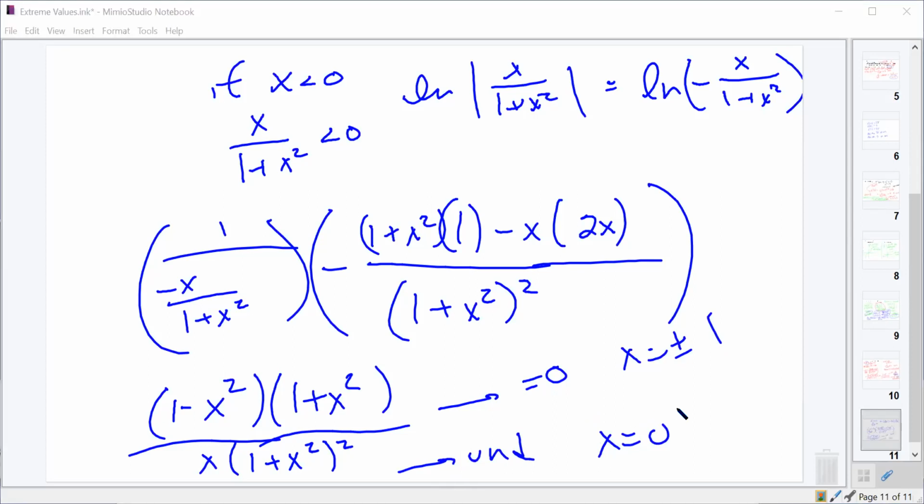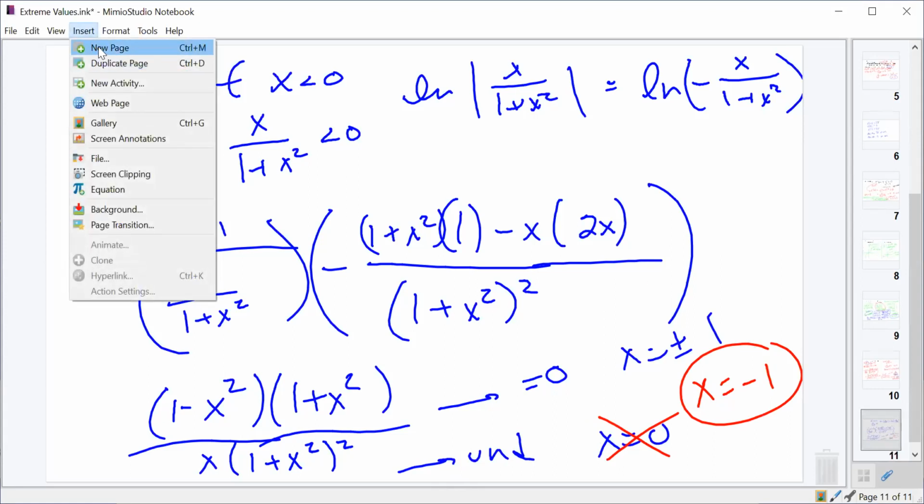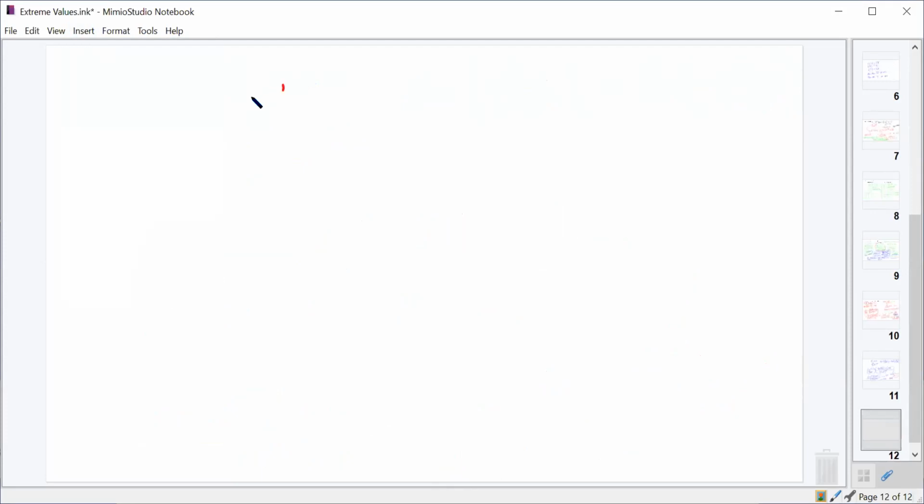And this time, that's still not in our domain, but we'll just choose the -1 value. Good or no? Okay. So we have two critical values. Everybody good on why we just chose -1 for that one?